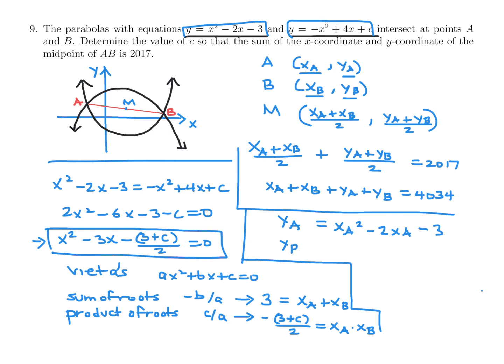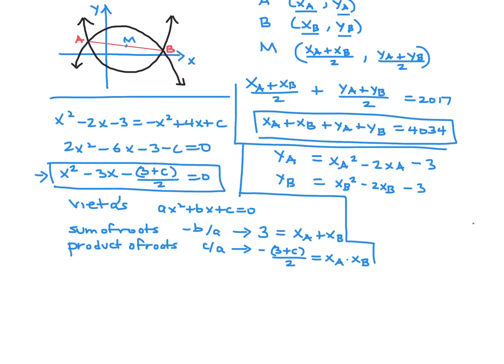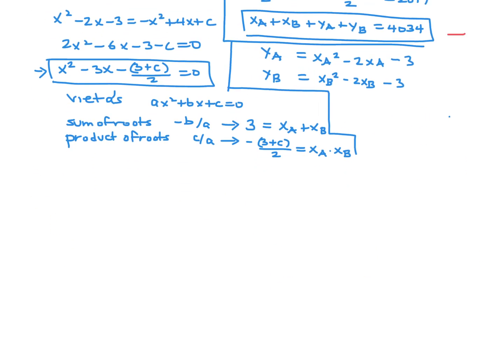And then YB would be XB squared minus 2XB minus 3. And this is what we want. So I guess we can sub it all in, right? Not quite, but let's see what happens. We're going to at least attempt to make this all work. So let's take this equation and sub in this and this, and then somehow, some way, we're going to have to utilize that.